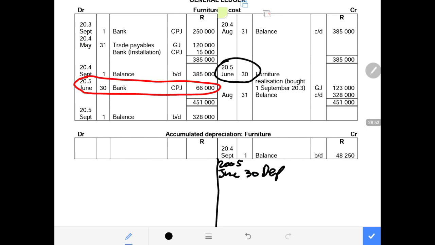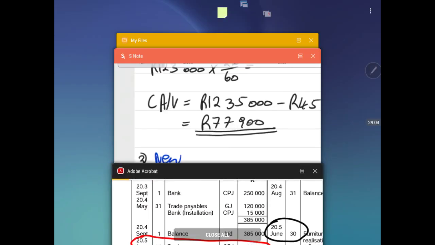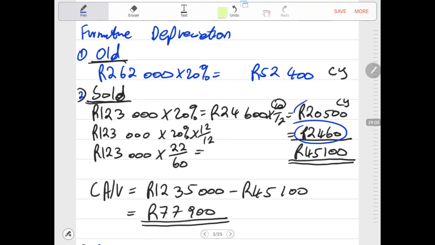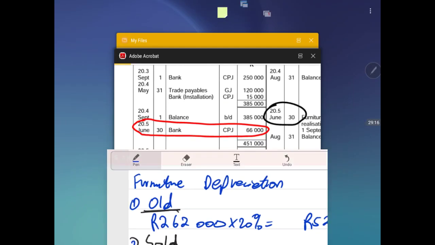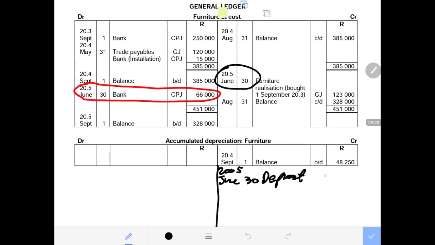There must be a depreciation recorded at that date, and we have calculated it, and it came up to 20,500. If you remember, that was 20,500 rands for the 10 months this finisher was in the business. So we need to acknowledge that the depreciation at that point in time must have been captured, 20,500.